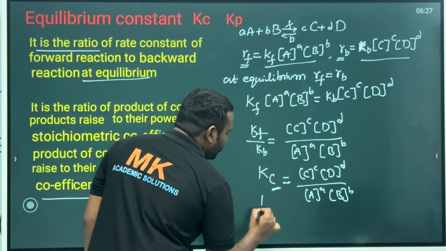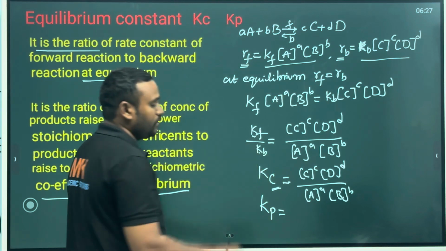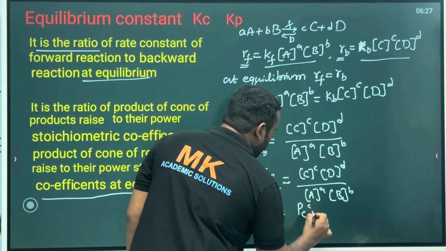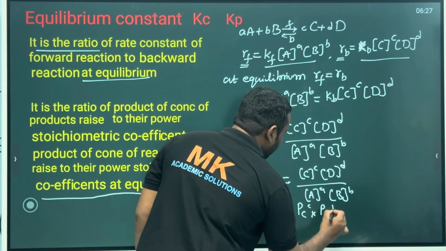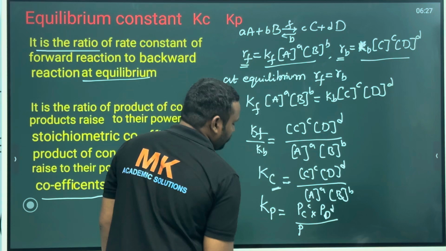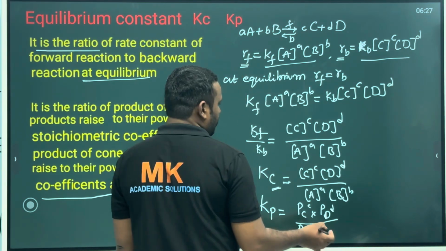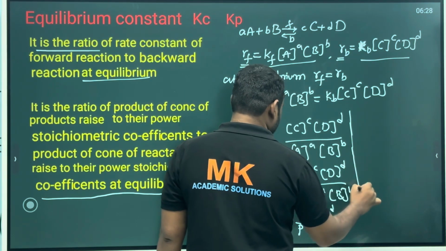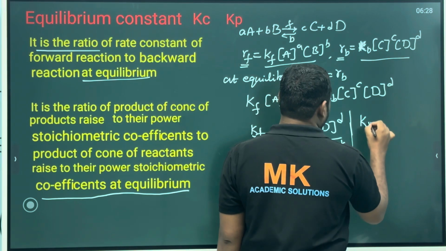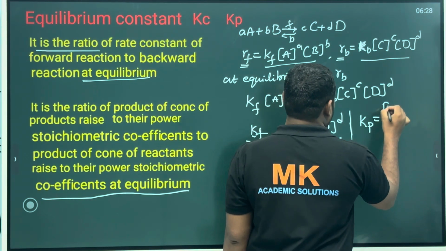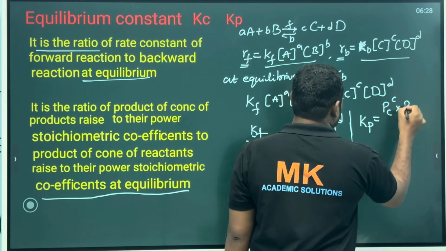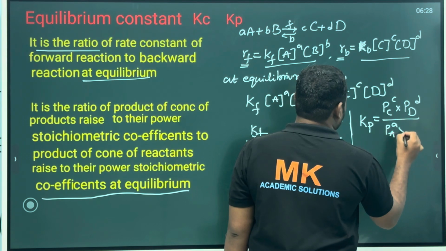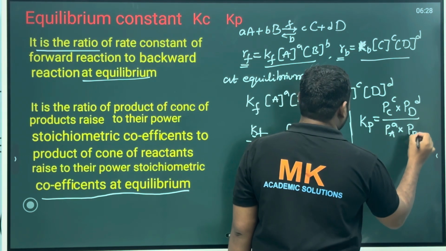When you write the Kp, instead of molar concentrations, we will take the partial pressures. So Kp is equal to partial pressure of C power c into partial pressure of D power d, by partial pressure of A power a into partial pressure of B power b.